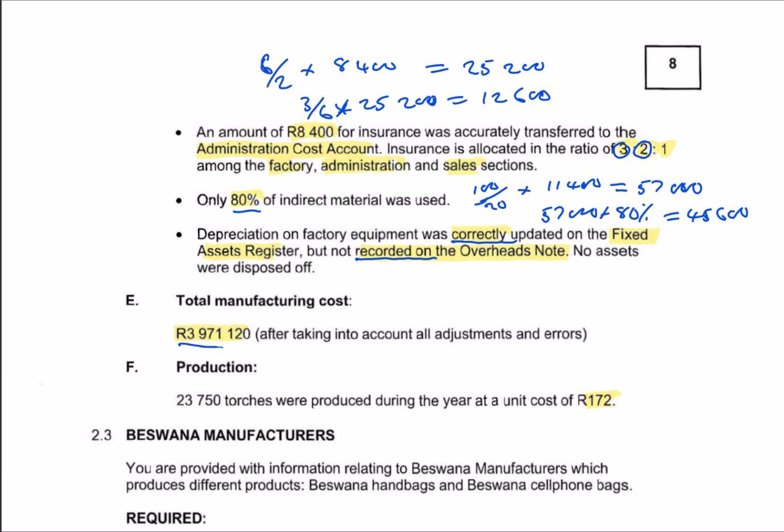Right, so this already given is in the solution, right? And they said after all the errors were corrected, 23,750 torches were produced during the year at a unit cost price of 172, right? So that's the total cost of production, right? Because for you to get unit cost, you'll have to know the number of units produced and the total cost of producing all those units.